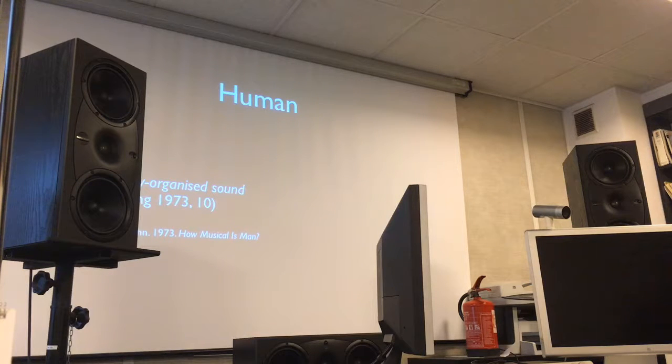At the time, this was quite a broad definition, because it meant that you could include things like bird sound. If you heard bird songs, then within this definition, bird songs would be music, because a human being is listening to it, and in their mind it's been considered as organized sound, so it becomes music.